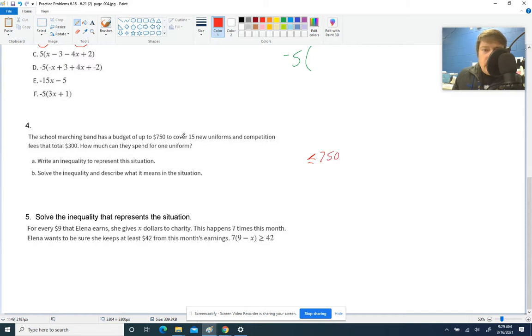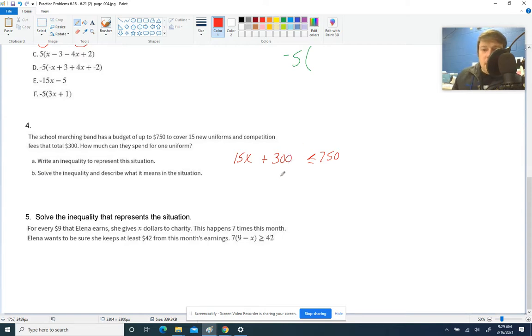We've got 15 new uniforms. So 15 things that I don't know how much they cost, so I'll call that x, plus $300 in their fees for competitions. And we have to keep it under 750. That's our budget. So I've written the inequality for this problem where x is going to tell us the cost that the uniforms can be.